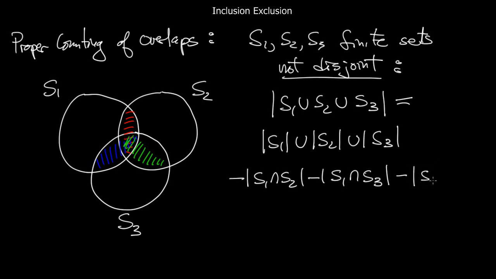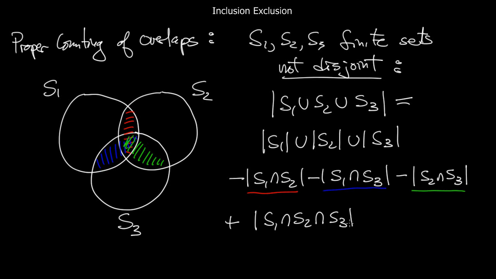And now you're very close to the right answer, except that right in this middle region here, it has 3 colors in it. Here's the red, blue, and green regions, and this middle region has all 3 of them, and you've subtracted it off 3 times, and that's too many, so you need to add it back.